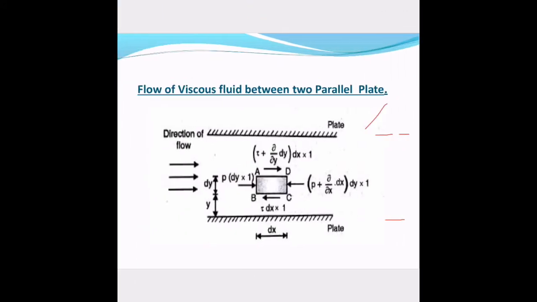You can see the direction of flow shown here. It is from left to right, and the distance between the two plates is t.